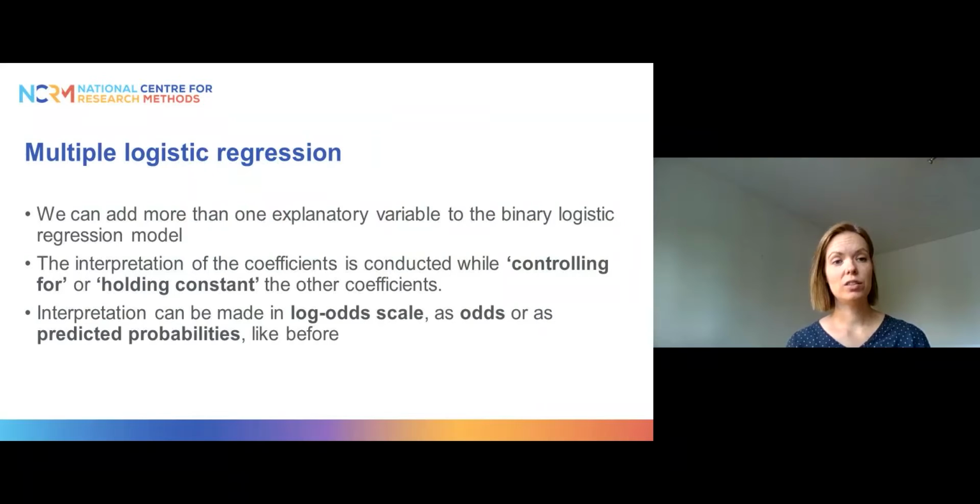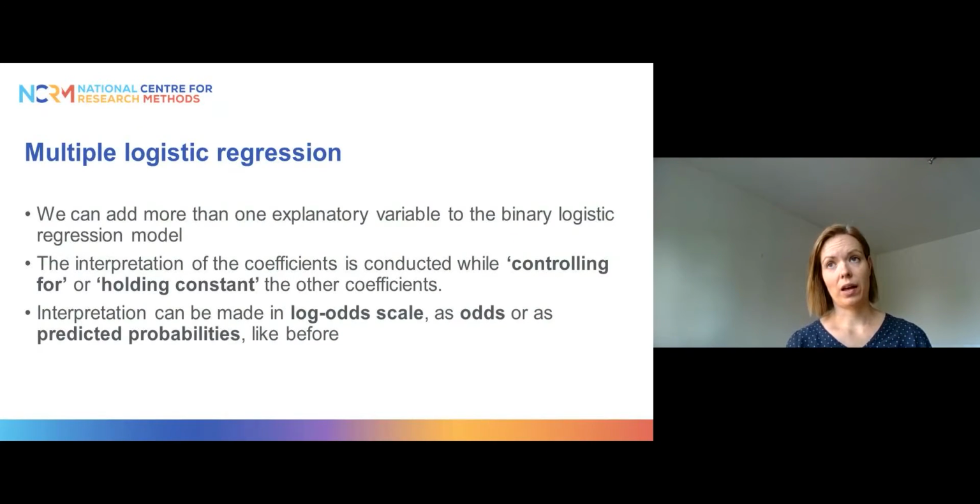The interpretation of the variables is similar to what you saw in the first video, where we had just one explanatory variable in our model, but we are conducting this interpretation while we are controlling for, or holding constant, the other coefficients. So normally we would try and add variables that are meaningful or might impact the outcome that we're interested in, but which are not always the main part of interest with respect to our research question.